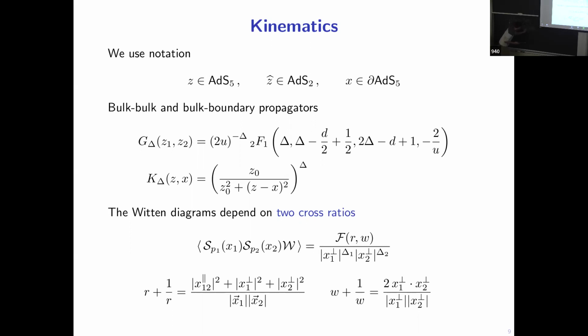Then you can just say that z is r e^{iw} and z bar is r e^{-iw}. So essentially, r is the distance from this operator to the defect. When r goes to 0, you are approaching the defect. When r goes to 1, you are approaching this operator. And w is essentially this angle. So that's in Euclidean signature, and they have a nice physical interpretation.